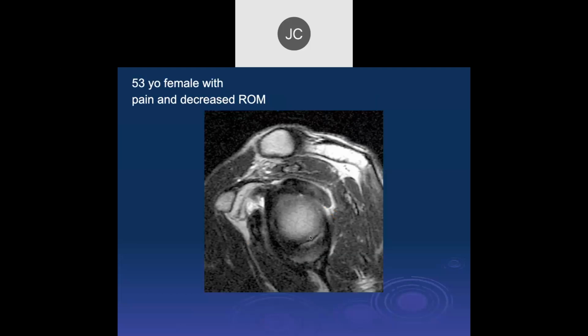Okay, pain and decreased motion. There's some irregularity, maybe at the rotator interval. What are we pointing to there? Is that the biceps tendon? This is the biceps anchor.